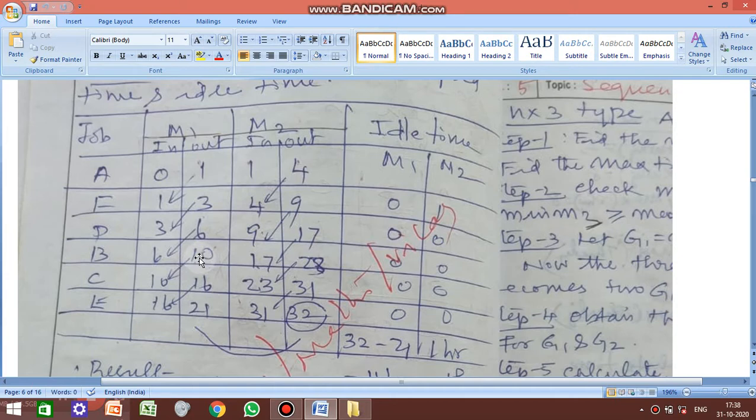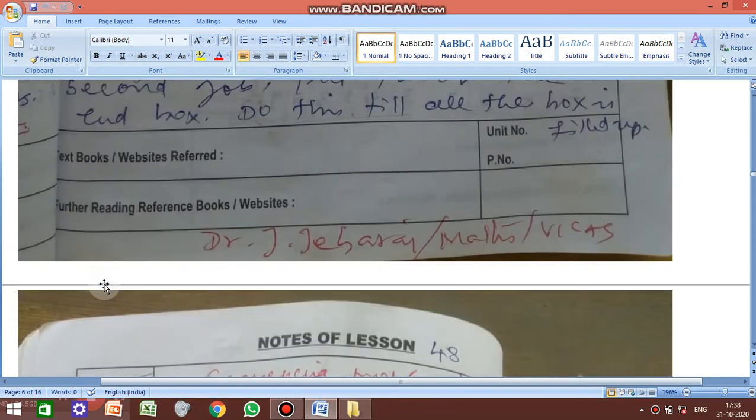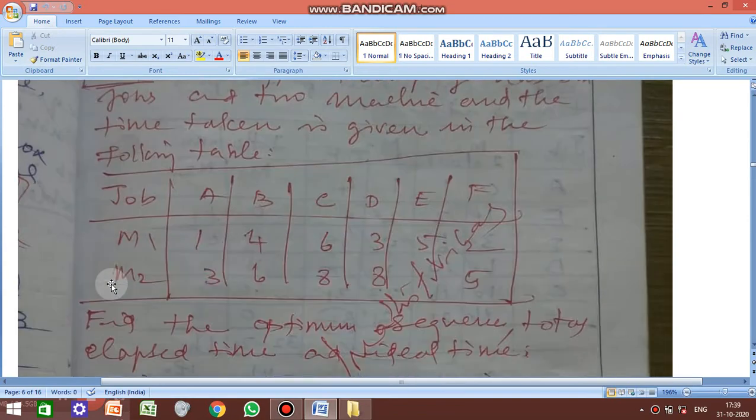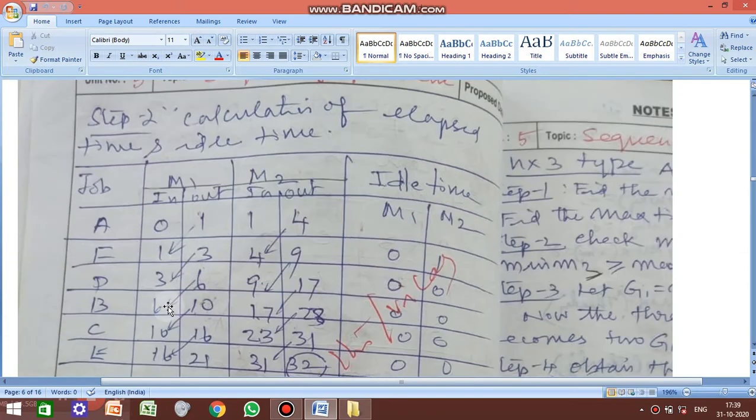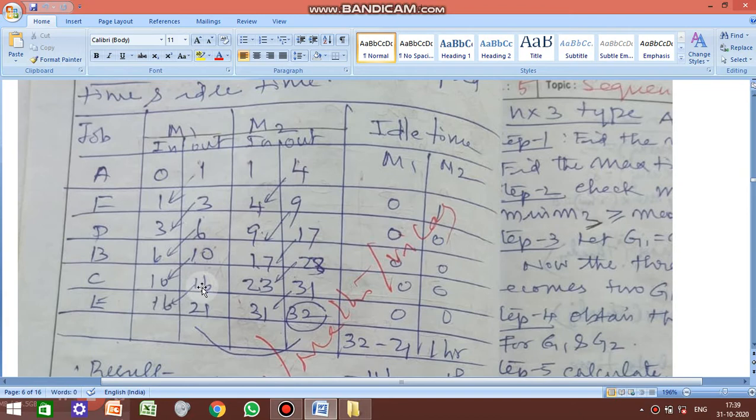Now this out time becomes the in time for C. What is the time taken by M1 to do the C job? That is 6 units. So add the 6 units, and you will get 16 units.